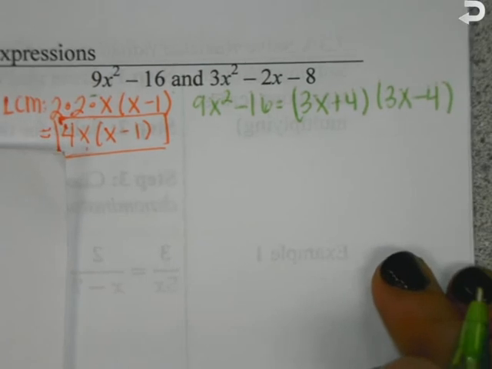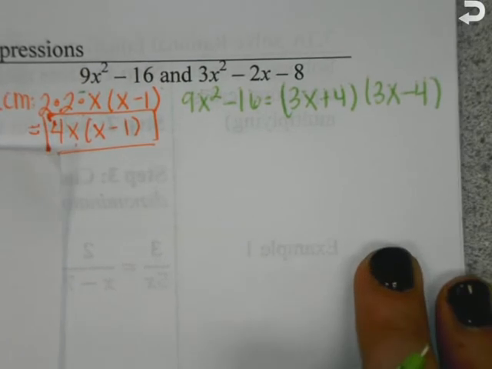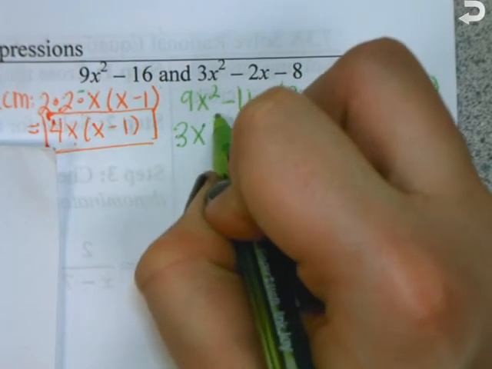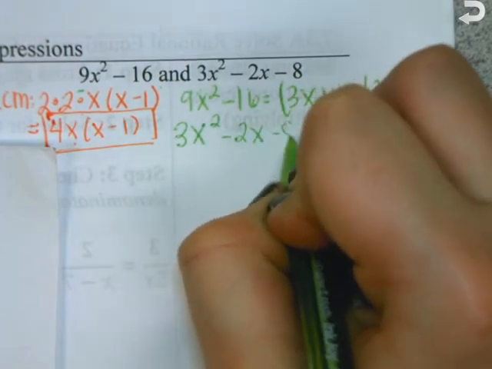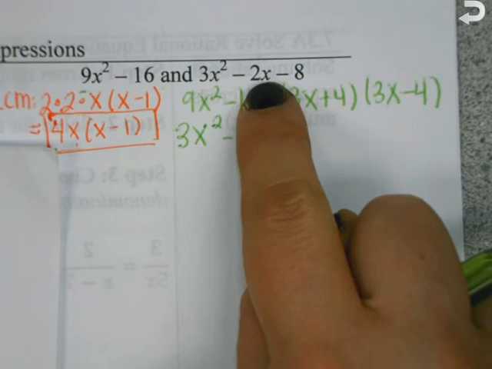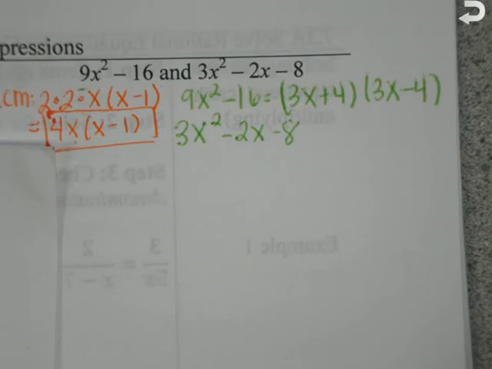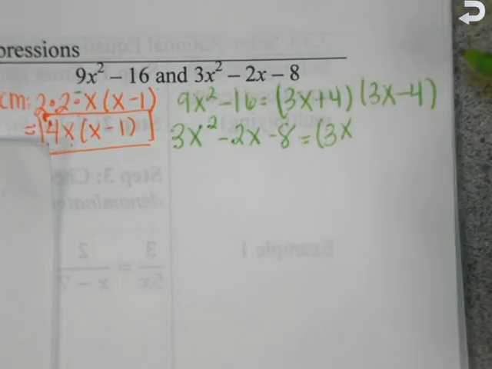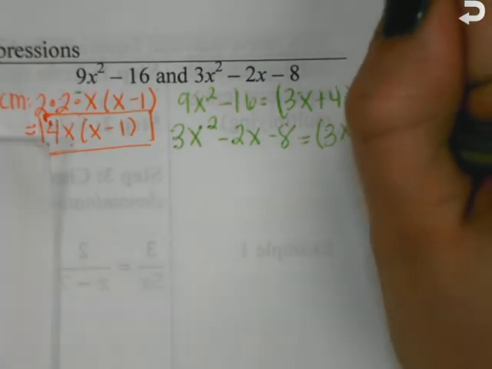Right? So far? Yeah? What factoring method would you use for 3x squared minus 2x minus 8? Bottoms up. I'm not going to make you do bottoms up, I'm just going to give it to you factored. All of this ends up factoring to 3x plus 4 times x minus 2.